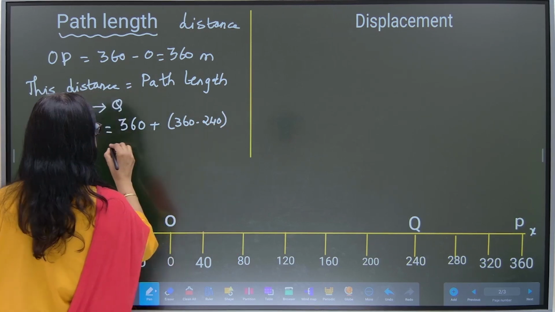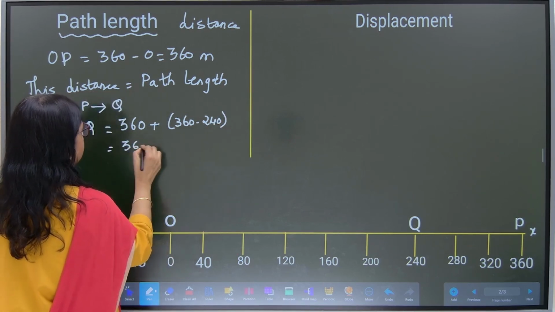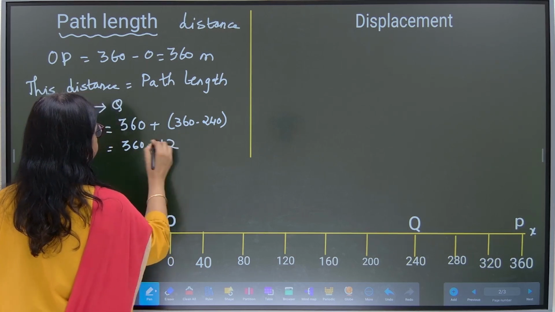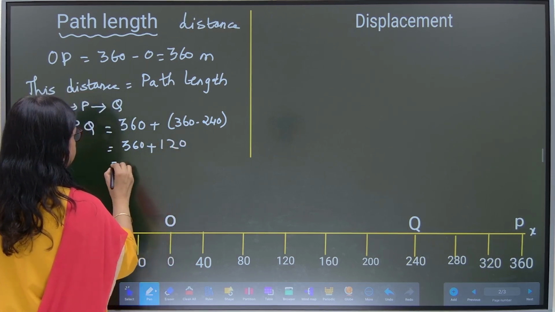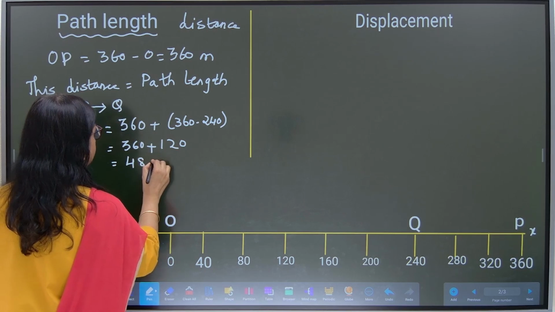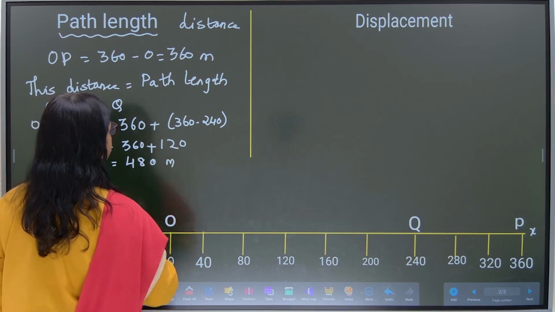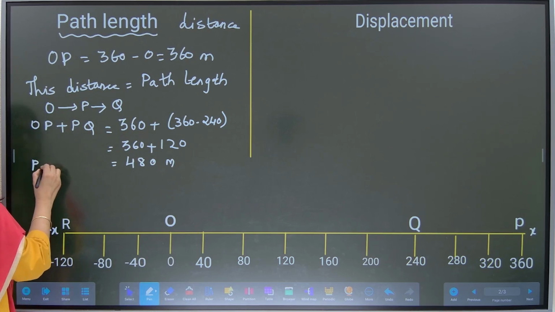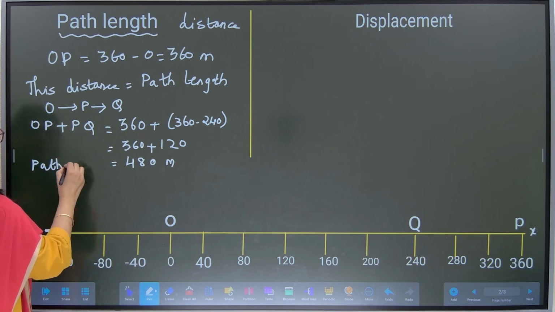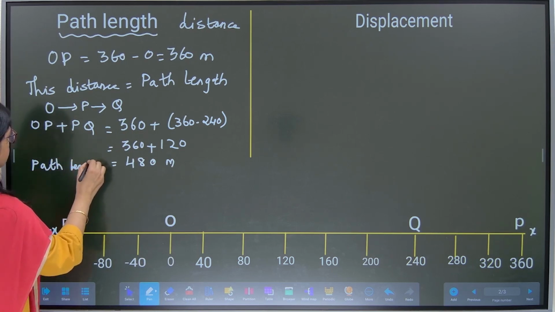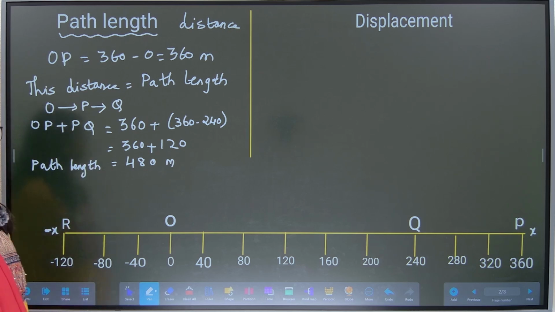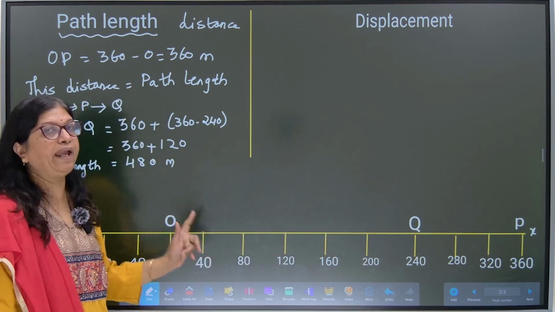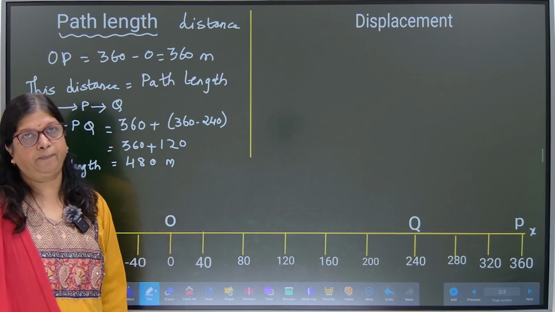What is my answer? 360 plus 120. So what is my answer? 480 meters. Remember to write the unit. So the path length of the body from O to P and P to Q is 480 meters.